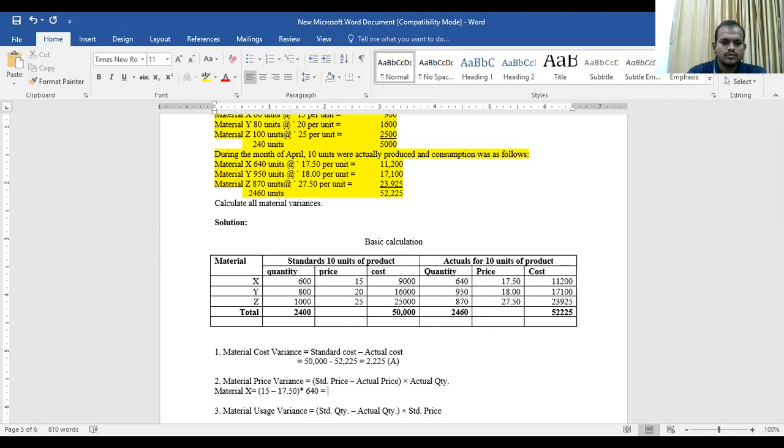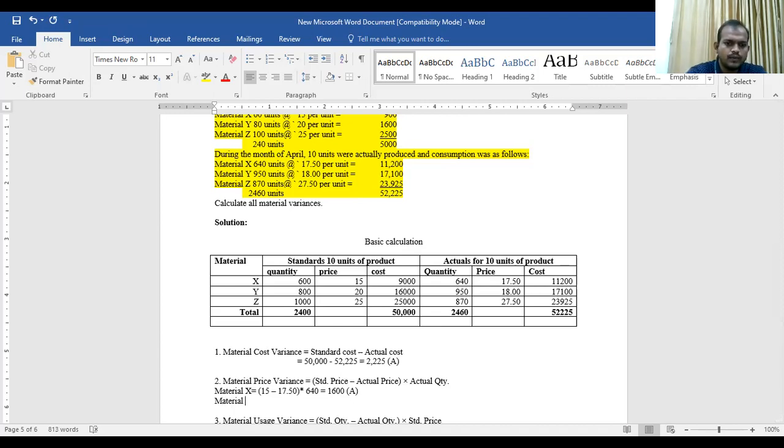Here we can understand the variance. It is adverse because the actual price we spent is 17.50, means 2.50 excess. So obviously the result will come adverse variance. So it comes around 1600 adverse variance.